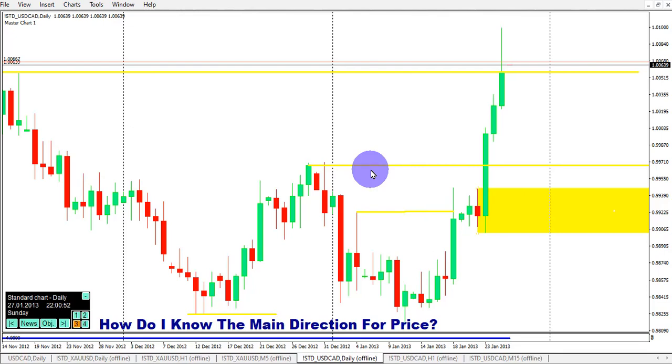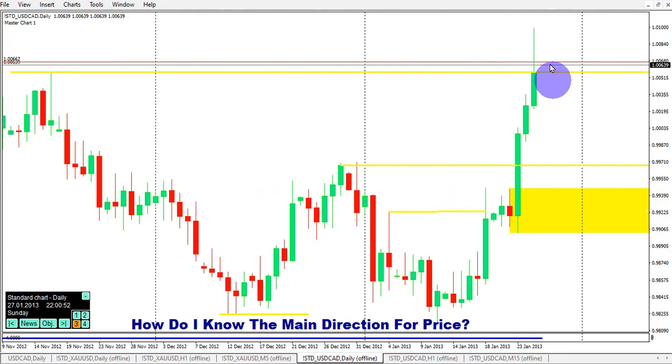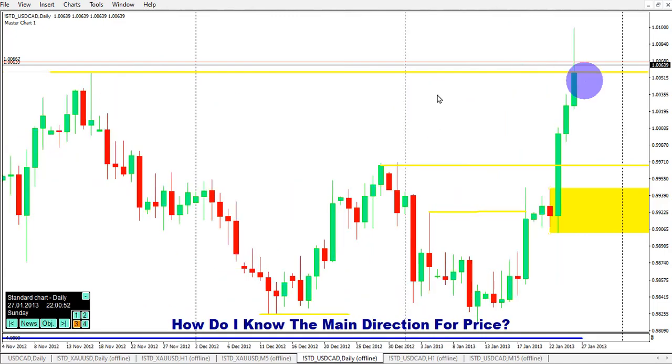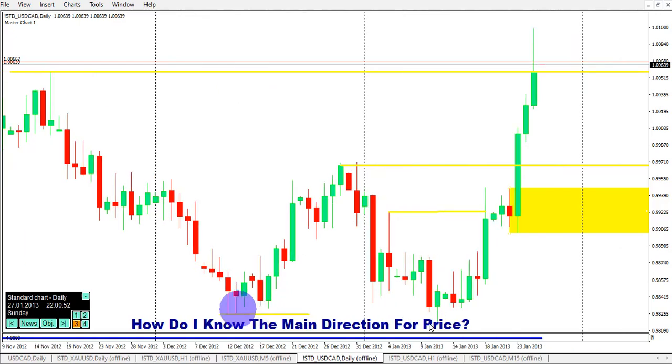So looking at other pairs that are closely correlated to this particular one right here, or whatever pair you're analyzing, you actually want to see a strong price action here, a reversal that should give you confidence that this price action is actually shifting. Preferably, personally, I'd like to see the market break below this low. So even if we're looking at this one, for me to start believing that this is going to reverse, I would like to see price break back above into the range, this price range.